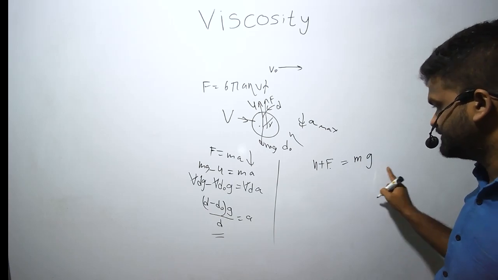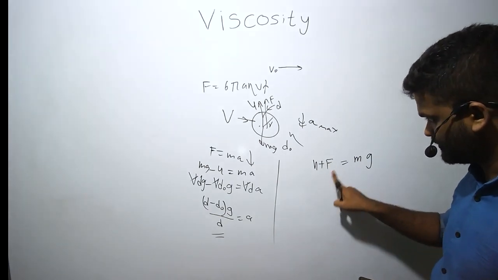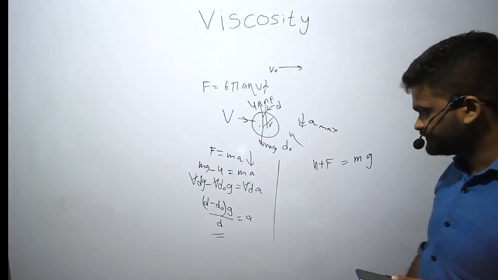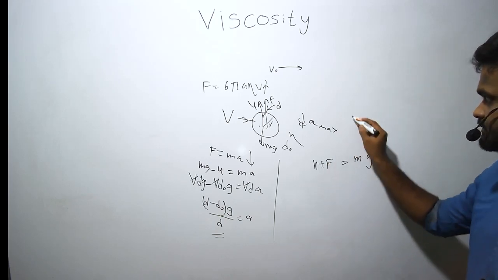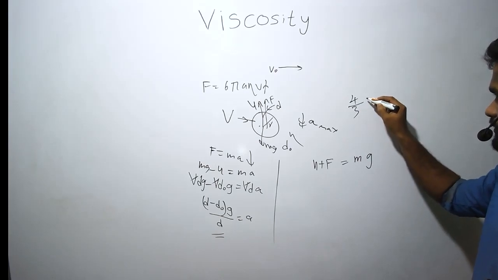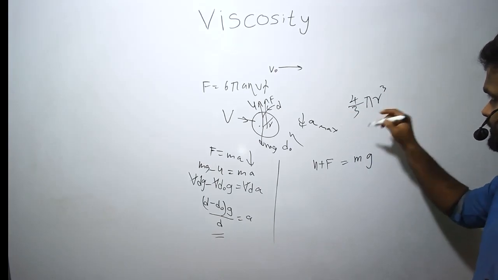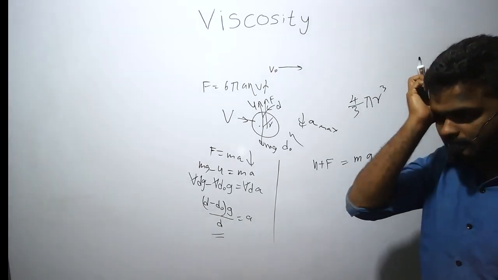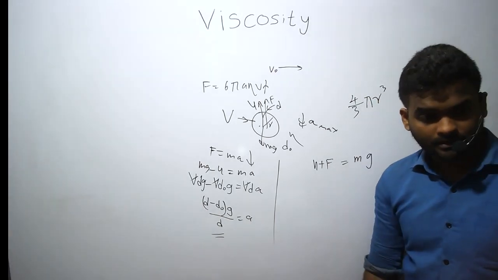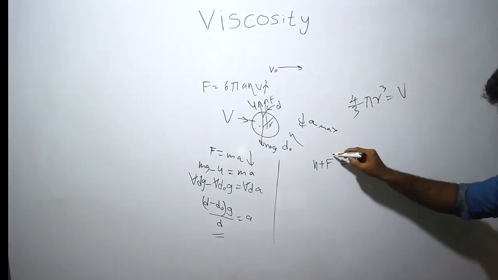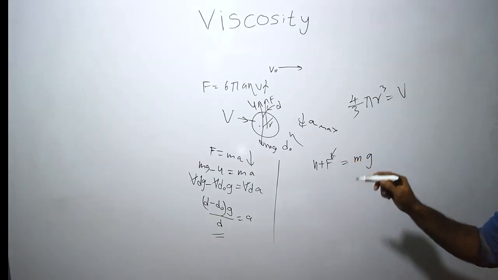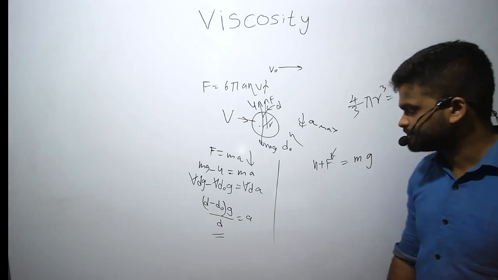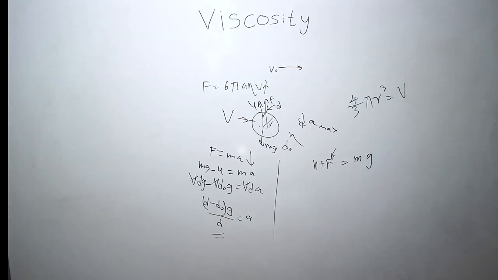So U plus F equals mg. This has radius, so instead of V, it's better to use 4/3 pi r cube, because otherwise it will be difficult to simplify, right? Because for F there's an r there, right? I'll give you a minute to do the substitutions.